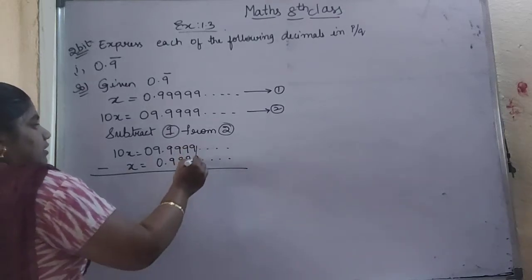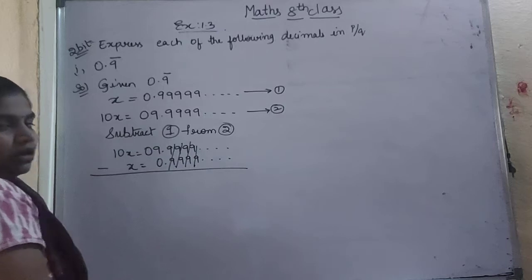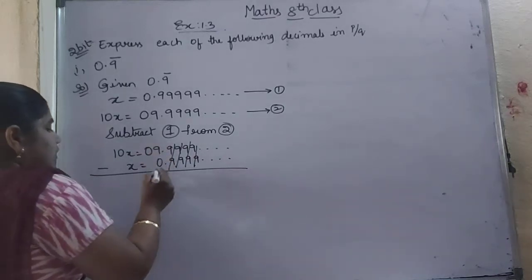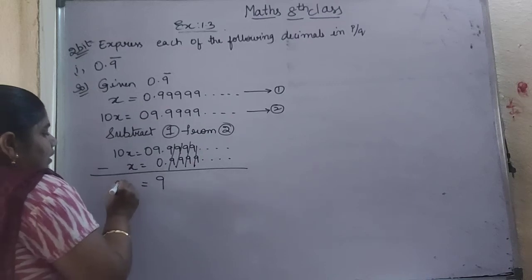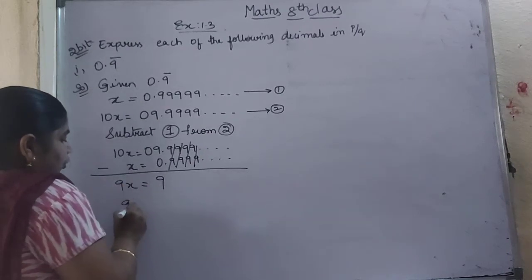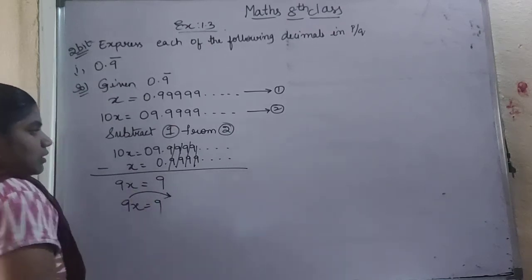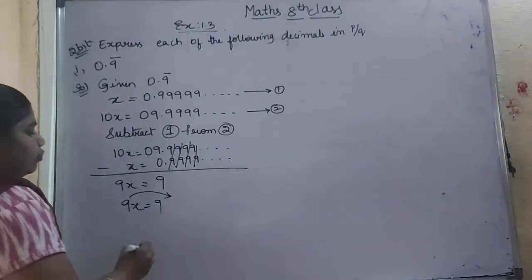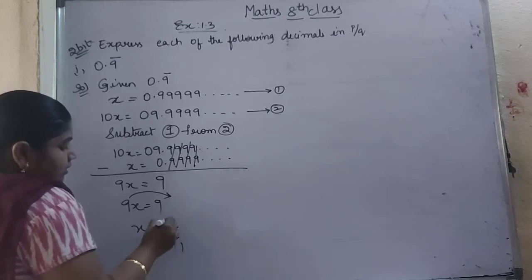We subtract the values. 9 minus 9 is 0, 9 minus 9 is 0, 9 minus 9 is 0. So 9 minus 0 is 9, and 10x minus x is 9x. So you got 9x equals 9. Transpose the 9 to the other side, and it becomes division. So x is 9 by 9, and 9 ones are 9.